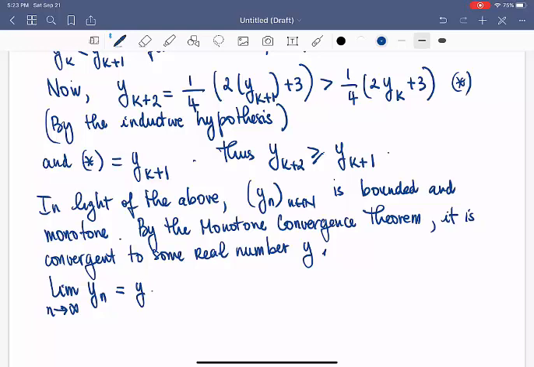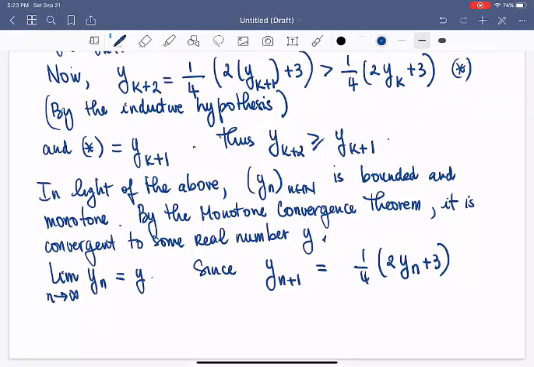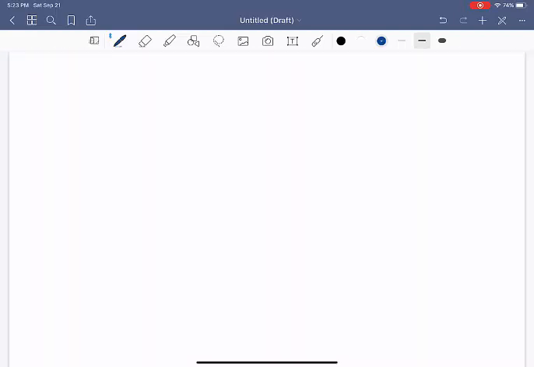Now, since we know that y sub n plus 1 is in fact 1 over 4 times 2 y sub n plus 3, then we know that the limit as n is approaching infinity of y sub n plus 1 has to be y. Why?